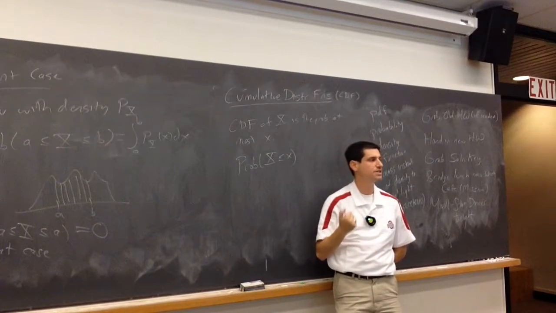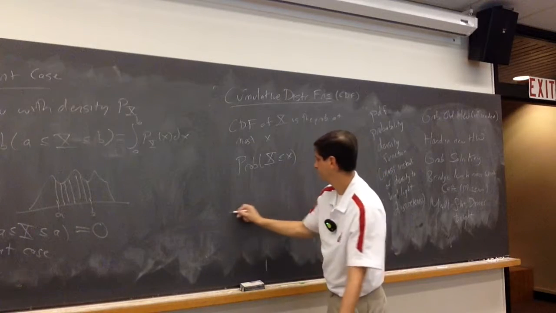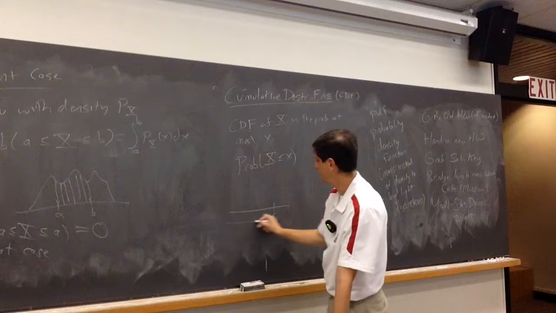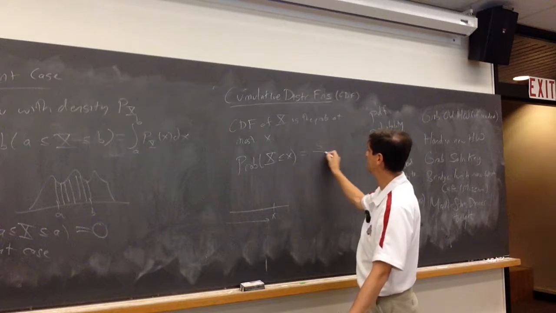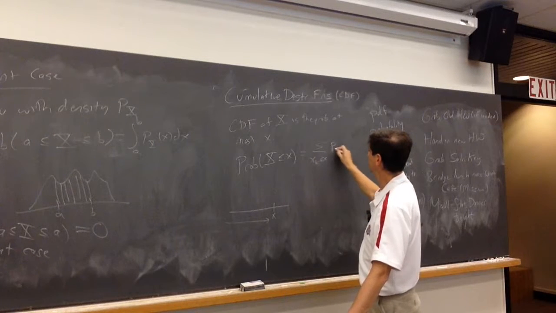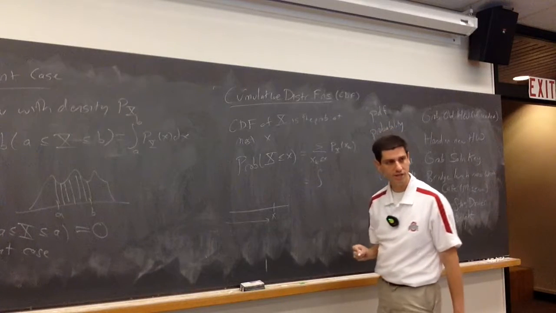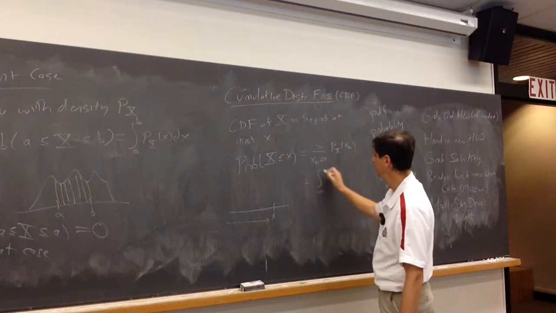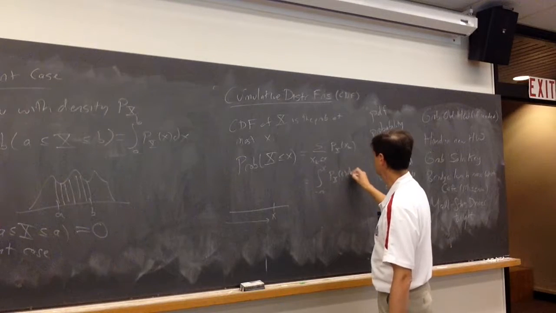Think of it as the running sum, the running total. If here is x, it's the probability up to here. In the discrete case, it would be the sum over all x_k less than or equal to x of p of x_k. In the continuous case, it would be the integral from minus infinity to x of p of t dt.